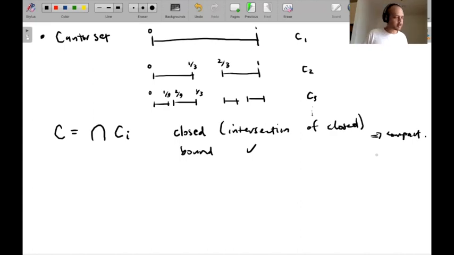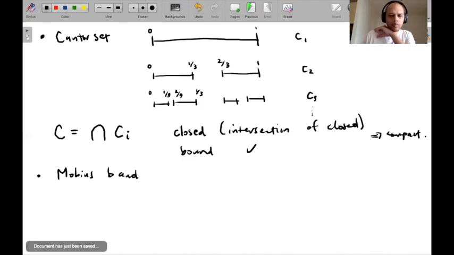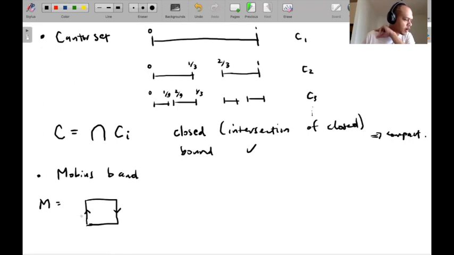Okay, one final example. The Mobius band. So M, which you obtain from starting with some closed rectangle by gluing.